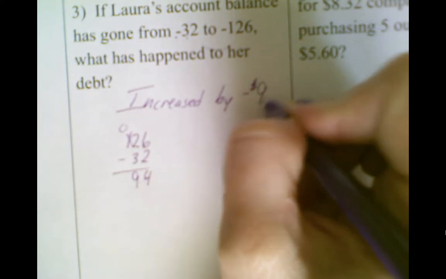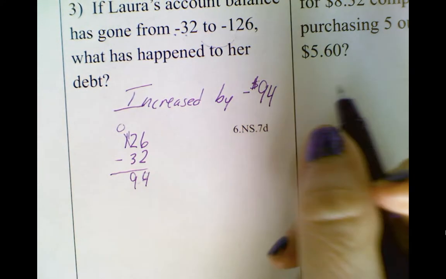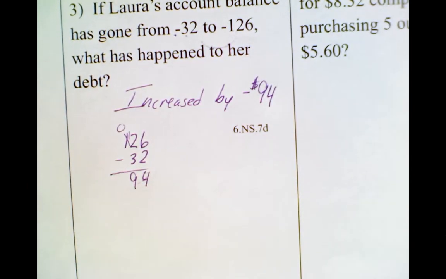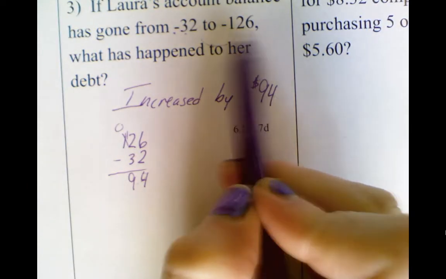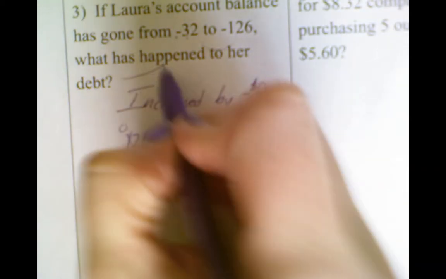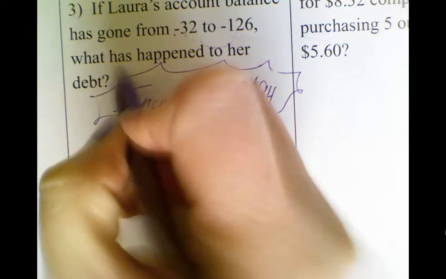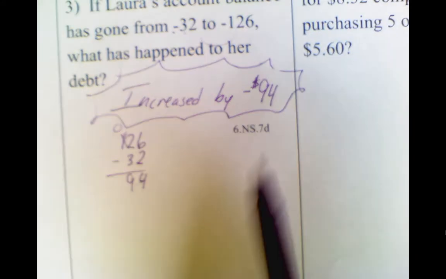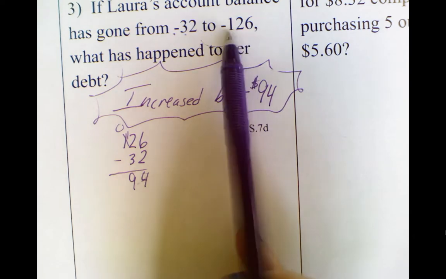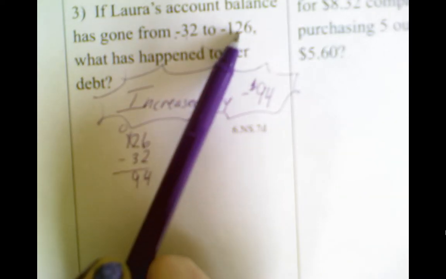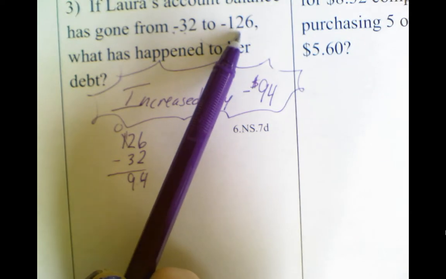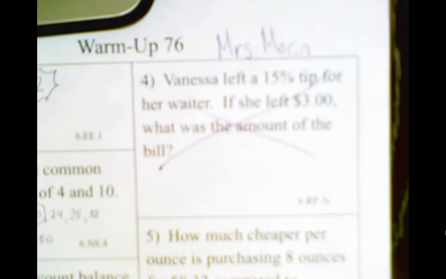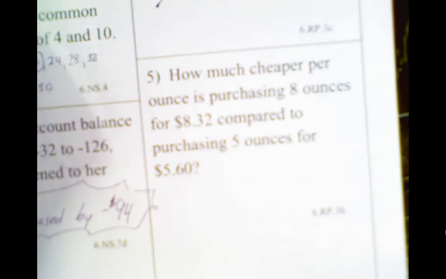So it increased by $94. Okay, so she spent another $94 at Walmart or something, and so then she ended up having to owe that much. So that's what happened to her debt. If she paid off money, say she went to the bank today and gave the bank $100, then her debt would go down by $100.